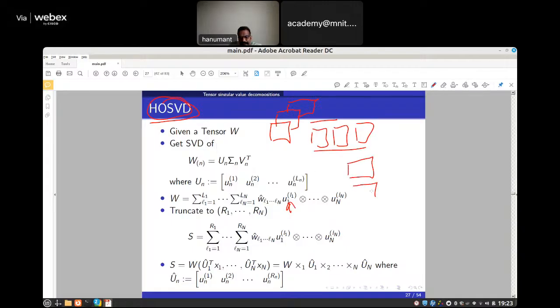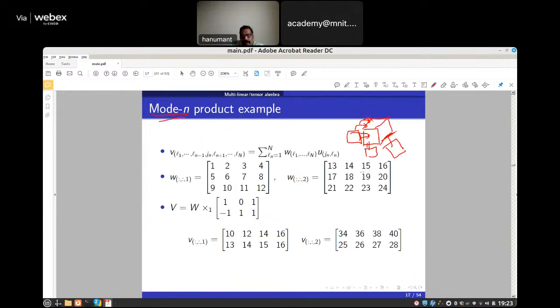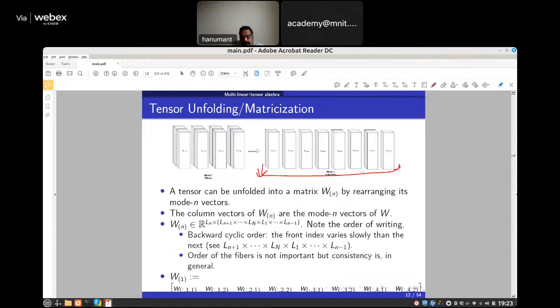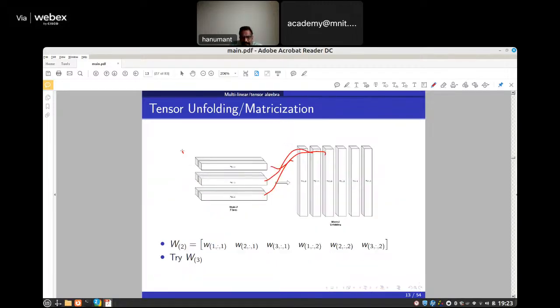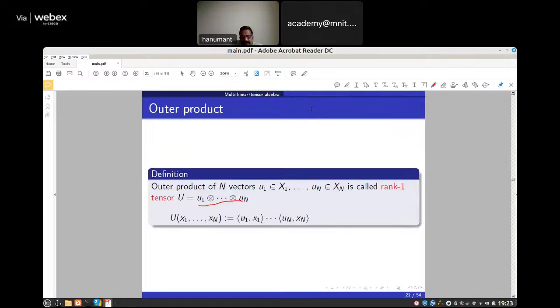I will do the matricization in this way, so all these three matricizations here. One way to make a matrix out of a tensor is this one, another way is this one, and then for the Z direction we can do the same. So there are three ways.